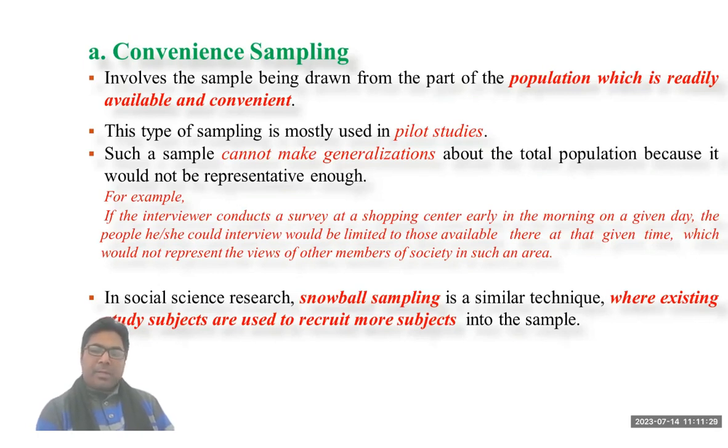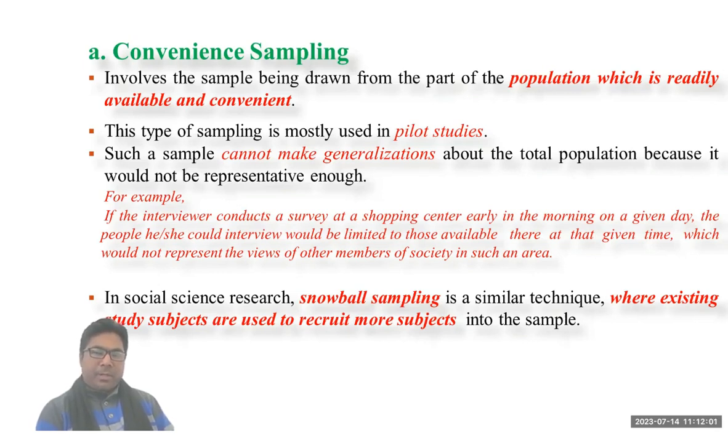But what about the opinions or the information from those who do not open the shops or the shopping center early in the morning, or on a particular day? So the information which is collected is specific. It cannot be generalized.